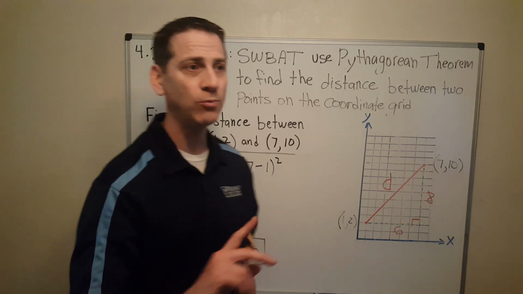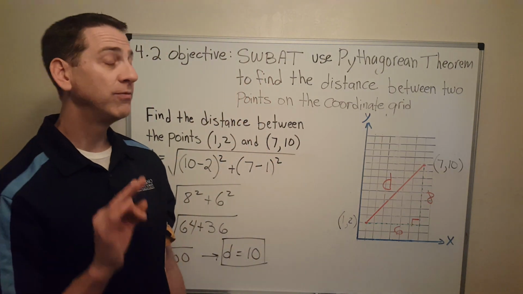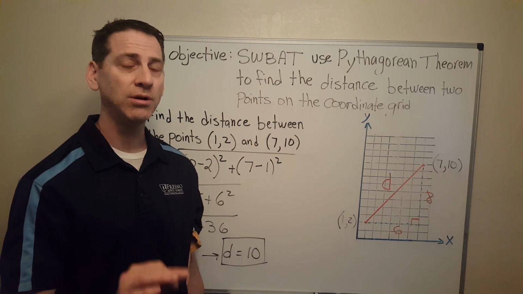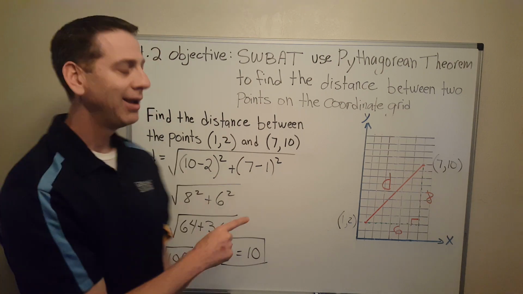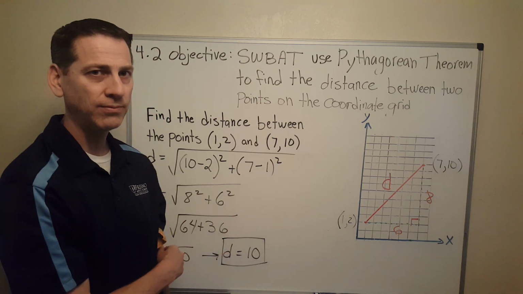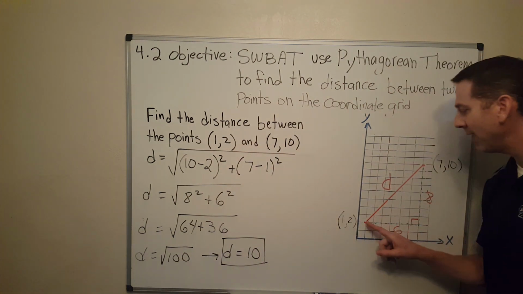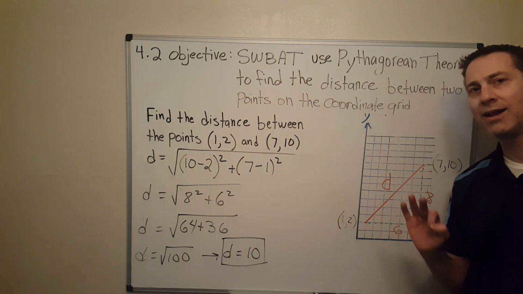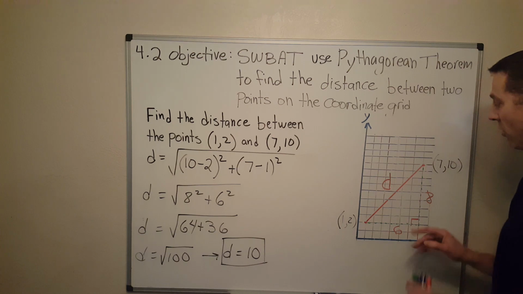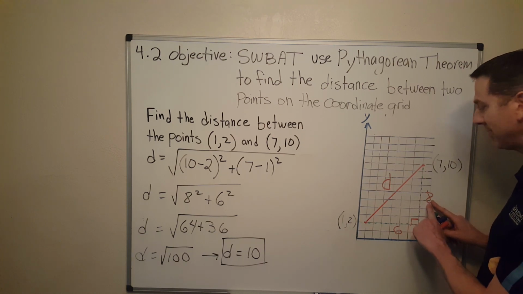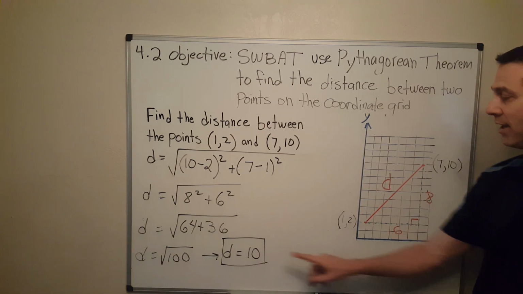Now remember, one last closing thing. Before you select an answer, always think, is this reasonable? We know that the hypotenuse is the longest side of any triangle. So we know that it has to be greater than 8. 10 is greater than 8.